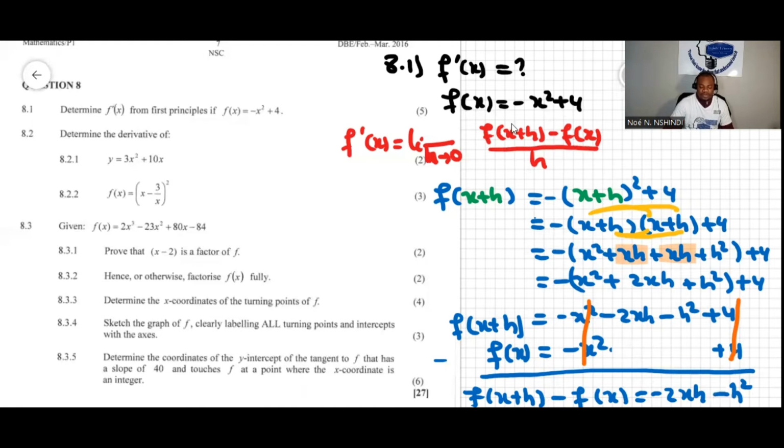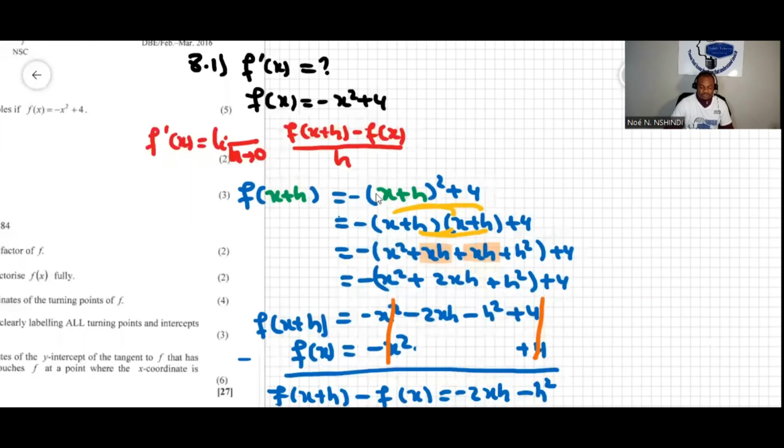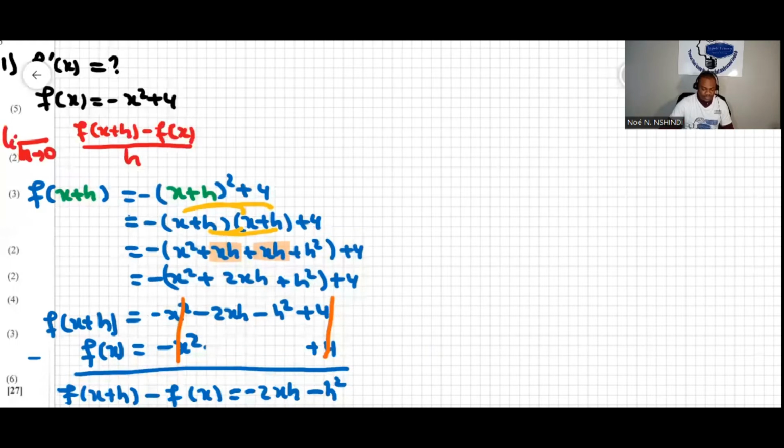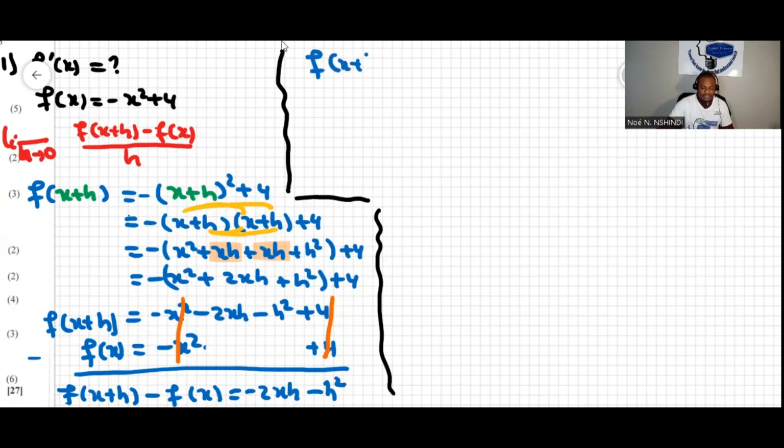Now we can work out the fraction with the denominator. I want to divide both sides by h. So what we have: f of x plus h minus f of x is equal to negative 2xh minus h squared.